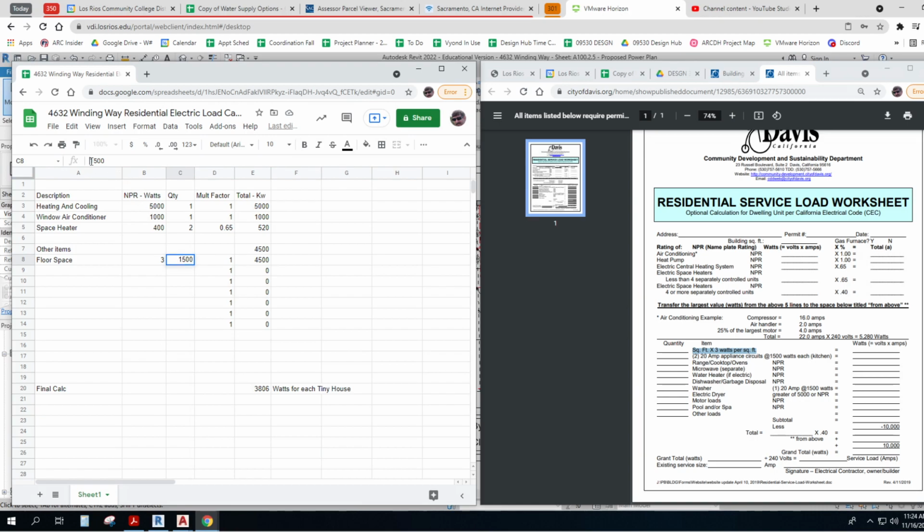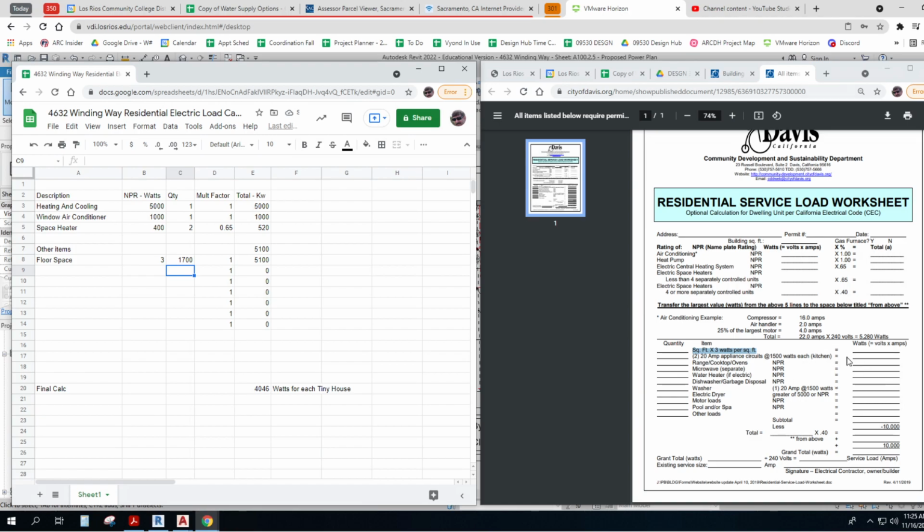I'm going to say it equals, and maybe my tiny house is like 200. Plus, not times. Let's get that right. Equals 200 plus 1,500. There we go.